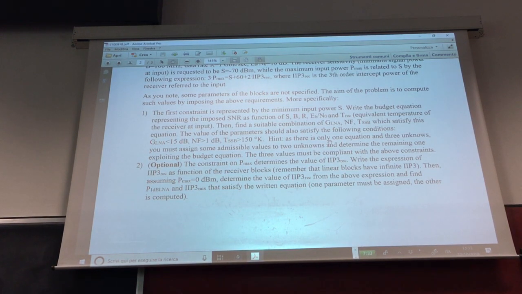Remember that linear blocks have infinite IIP3. Then, assuming P max equals 0 dBm, determine the value of IIP3 from the above expression and find P1dB of the LNA and IIP3 that satisfy the written equation. In this case, we have two unknowns and one equation, so we have to assign one of the two and then obtain the other one by means of that equation.